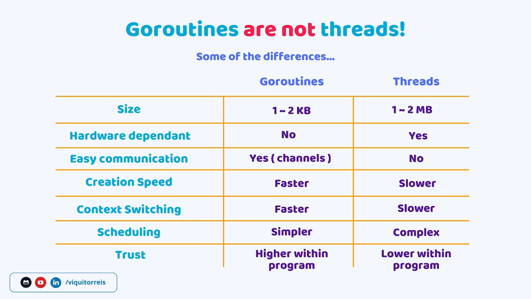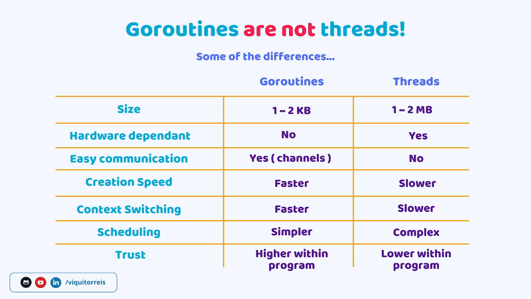Okay. Another thing is hardware dependence. Goroutines are not hardware dependent, and threads are. So OS threads must manage thread states, context switches, and interactions with hardware, making them dependent on the specific hardware and the OS itself. Okay. And goroutines, on the other hand, are managed by the Go runtime.